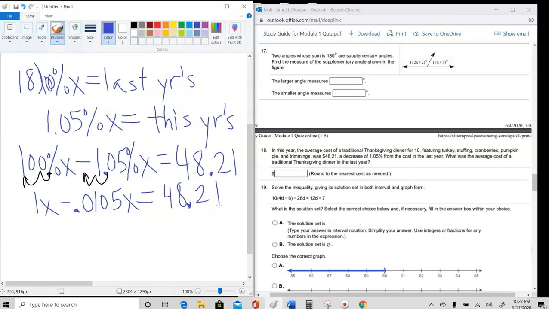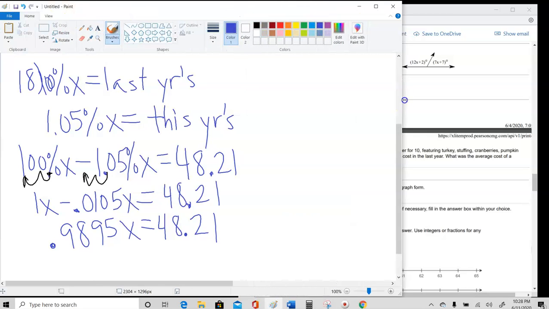On the left-hand side, combine your x's. So just subtract your decimal from 1, and that gives us 0.9895x equal to the right-hand side. And divide both sides by the 0.9895.